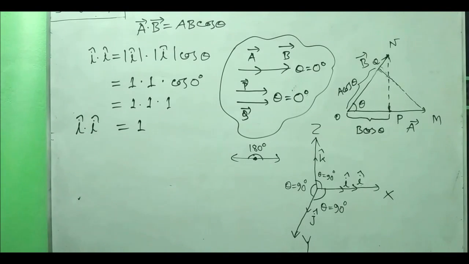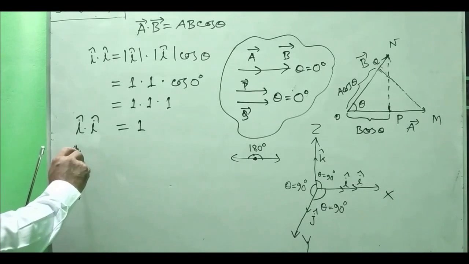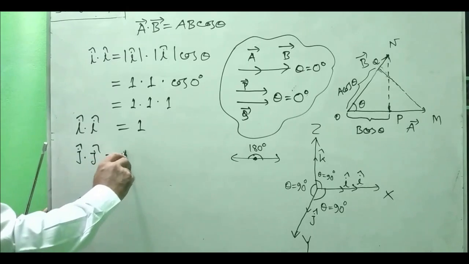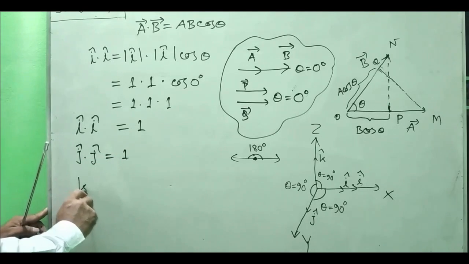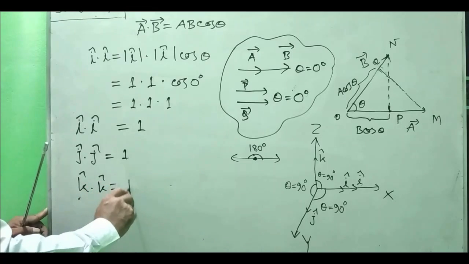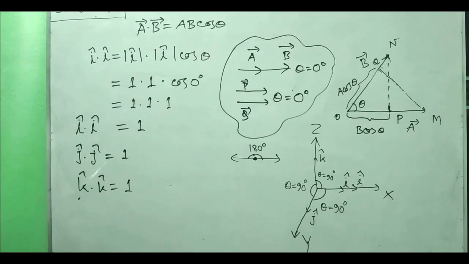In the same way, we can say j cap dot j cap will also be 1, and k cap dot k cap will also be 1. So the value of i cap dot i cap is 1, the value of j cap dot j cap is 1, and the value of k cap dot k cap is 1.